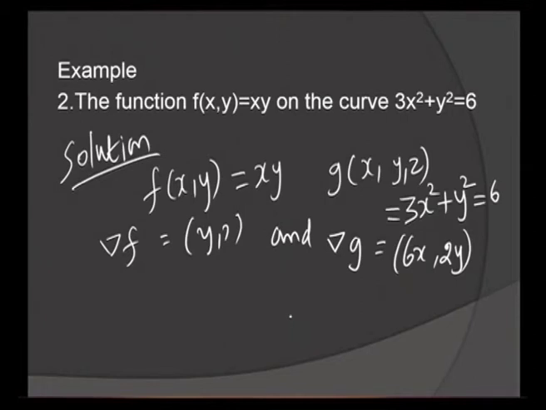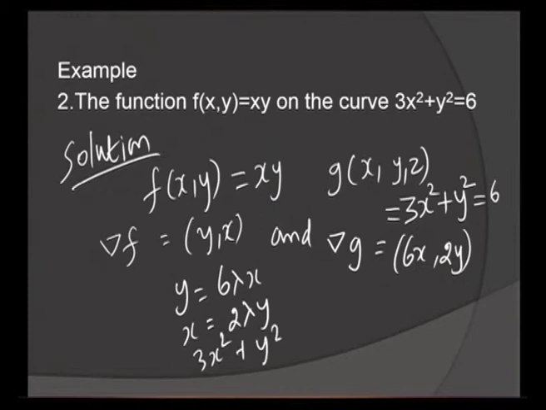Then the equations are y equals 6 lambda x, x equals 2 lambda y, and 3x square plus y square is equal to 6. So here only 3 equations.